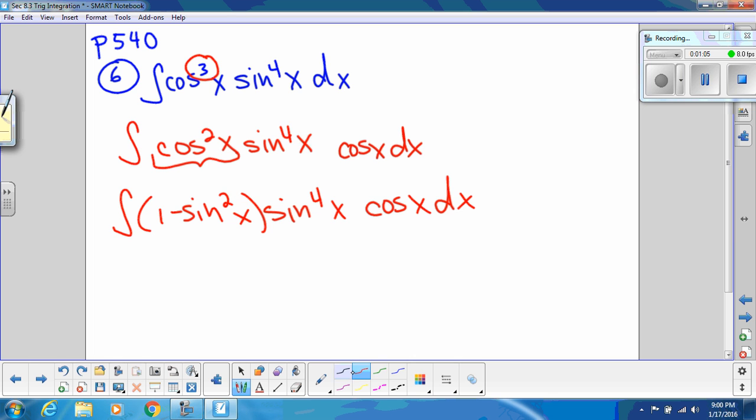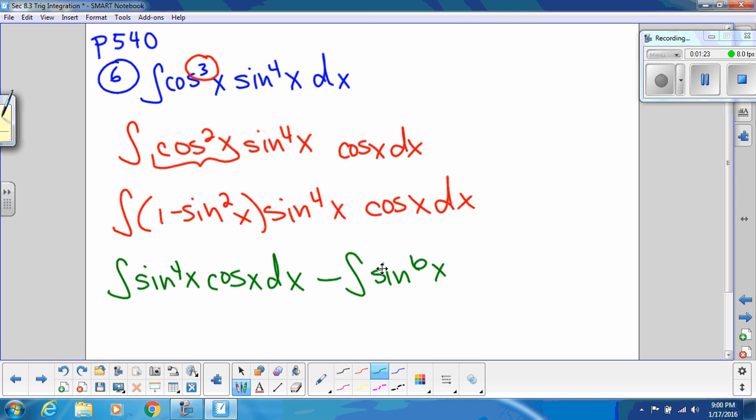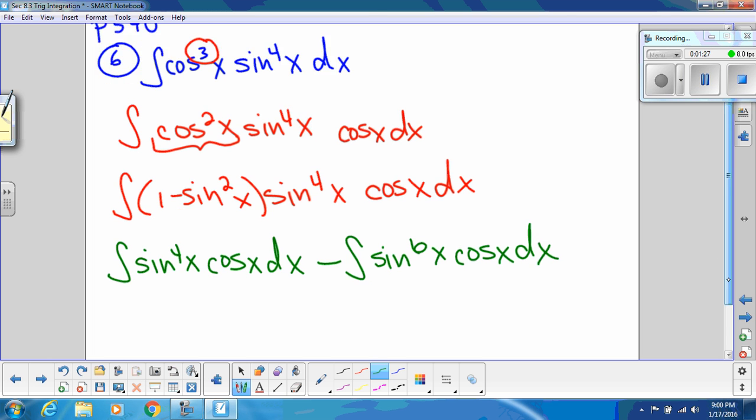Okay, so distributing, I have the integral of sine to the 4th x cosine x dx minus the integral of sine to the 6th power x cosine x dx. All right, let's integrate.